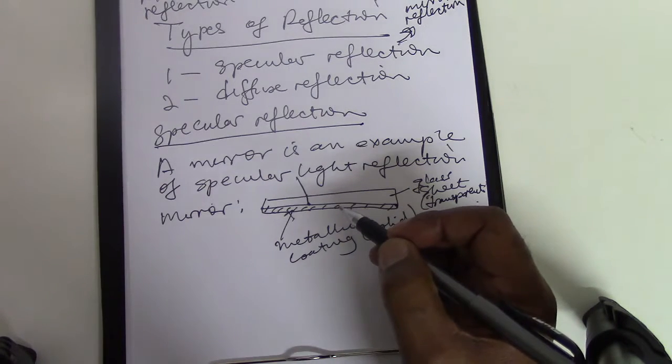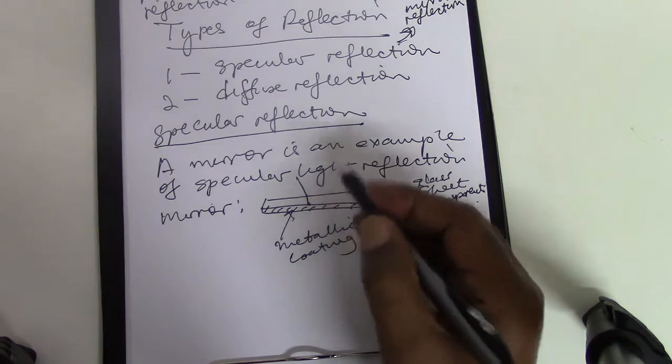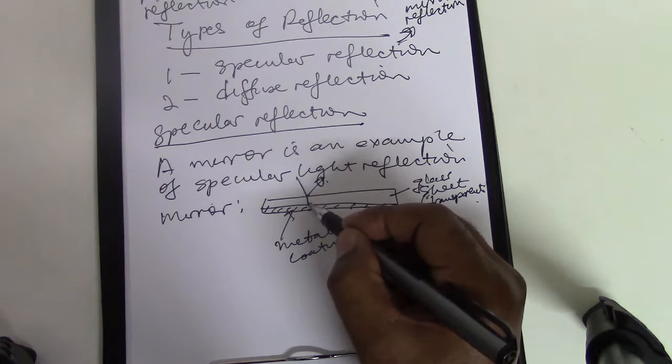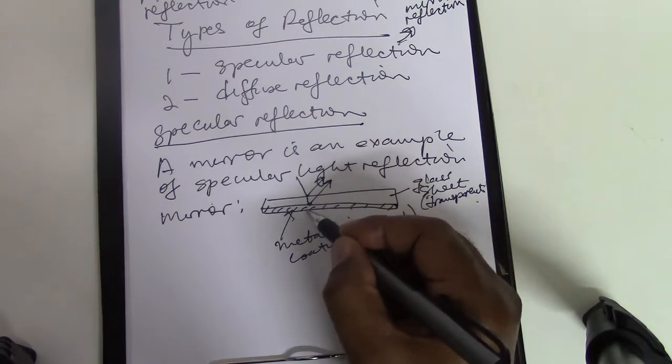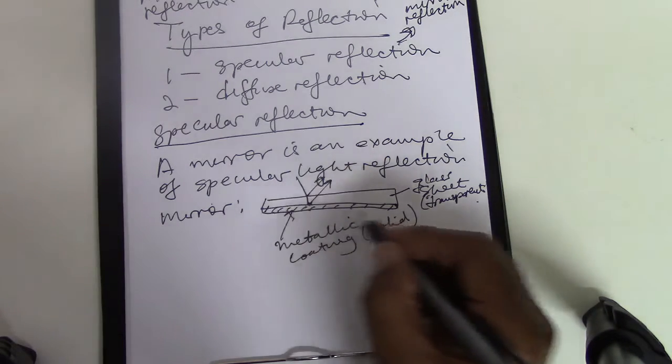Right. So the reflection partly takes place here and another takes place here at this coating. It's just a small thin coating.